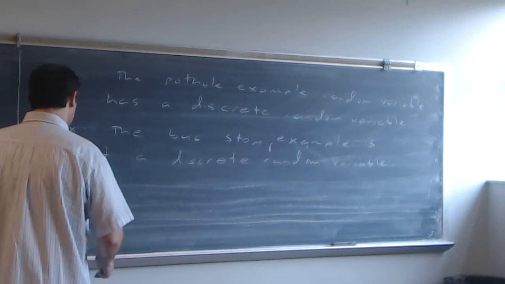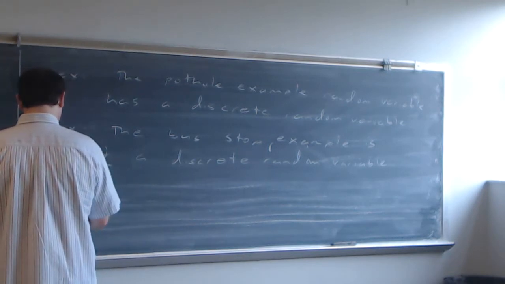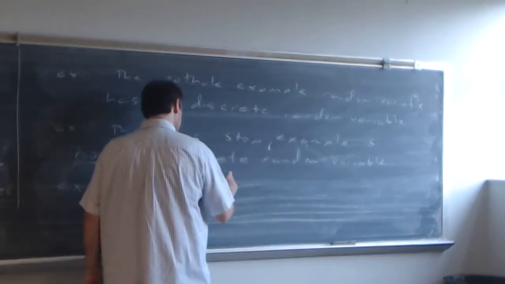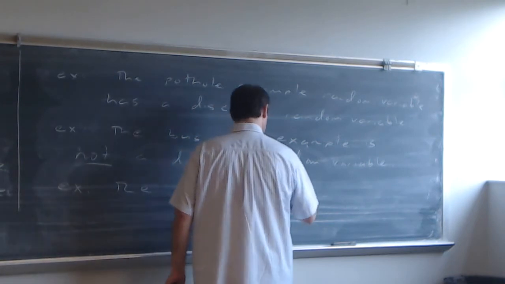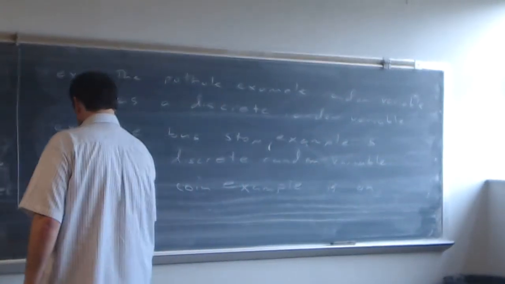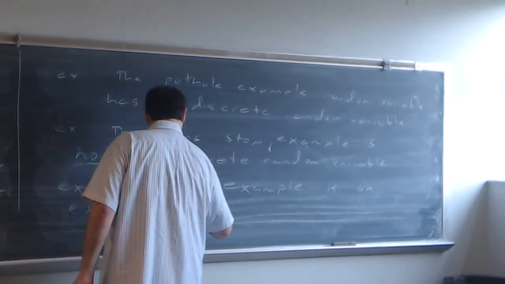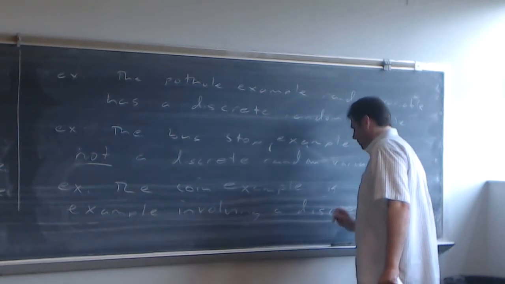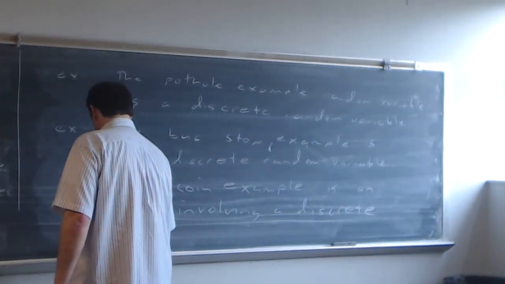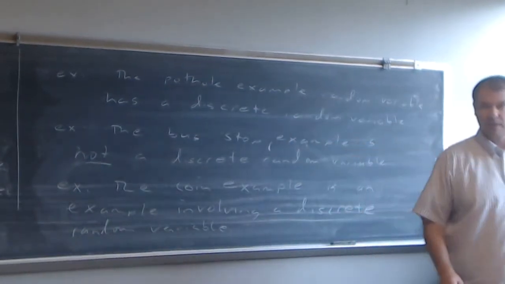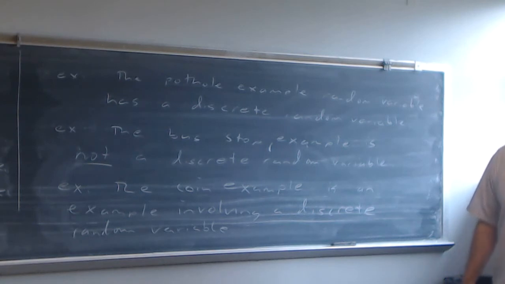So this is not a discrete random variable. And the first example we looked at, the coin example, involves a discrete random variable. Remember, in that coin example, its only output values were 1 and 0, so it is at most countable because there are only 2 output values.